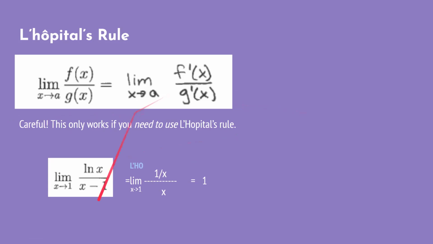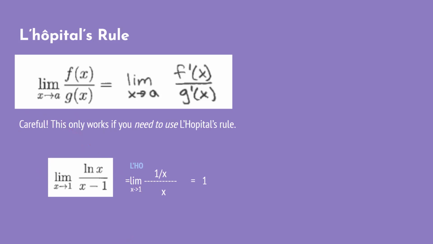Here's an example of where you need to and can. We should probably think about do we need to first. So let's plug in 1: ln of 1 is 0, 1 minus 1 is 0. Right here, 0 over 0. That might tell us we need to use L'Hopital's rule. Can we, though?